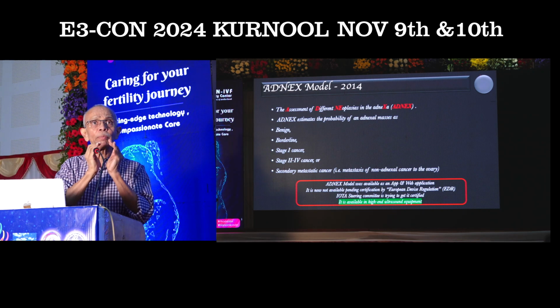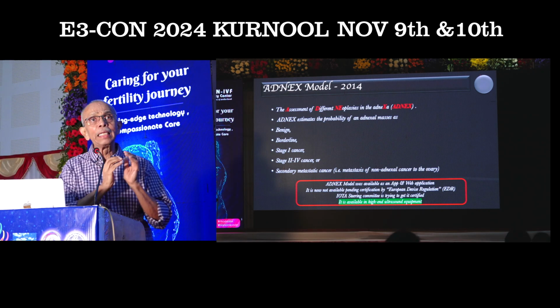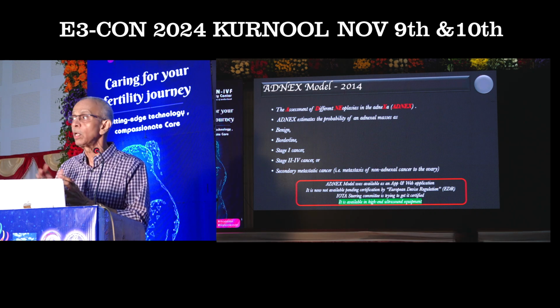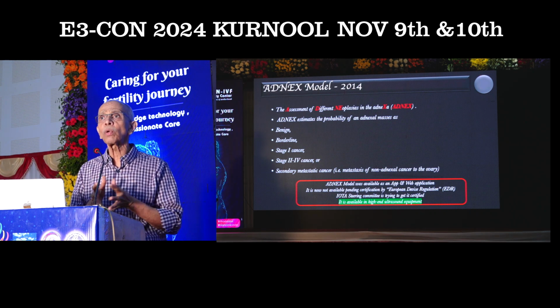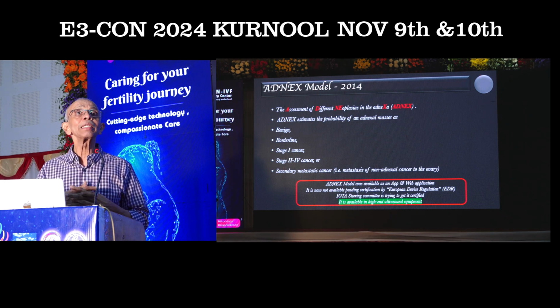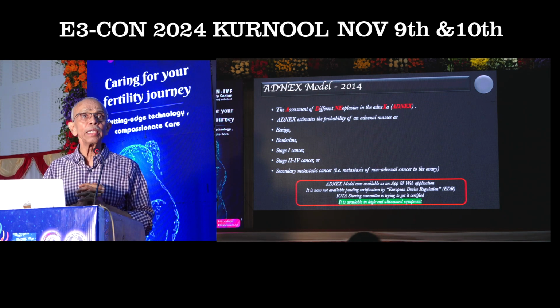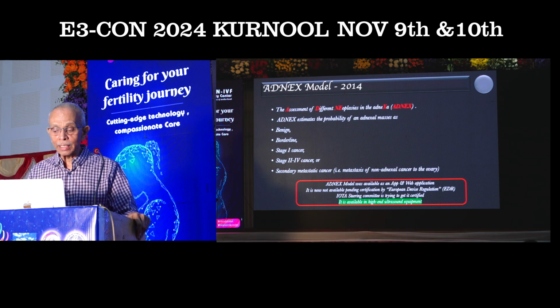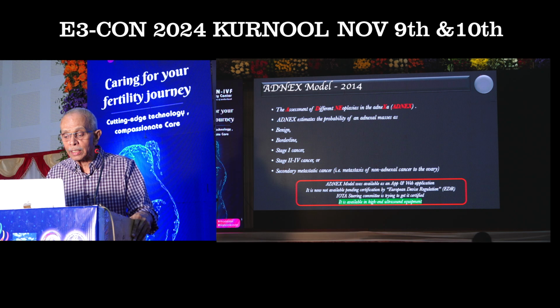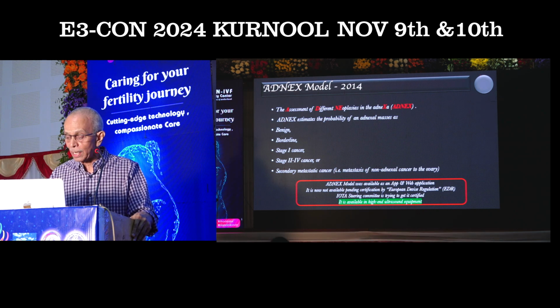So this 25% of lesions which were inconclusive on our simple rules are the ones which are subjected to the ADNEX model. Previously the ADNEX model was available as an app and also as a web application, but unfortunately it has been removed because of certain European device regulations where they needed certification. That is the reason why it is now available only in high-end equipment.